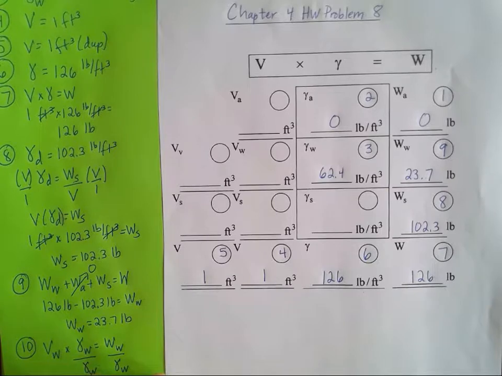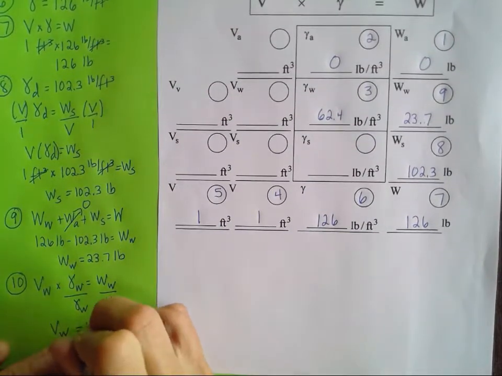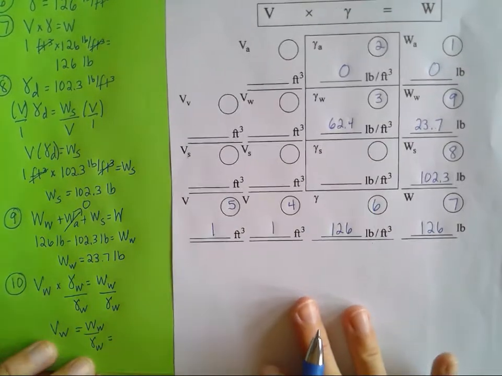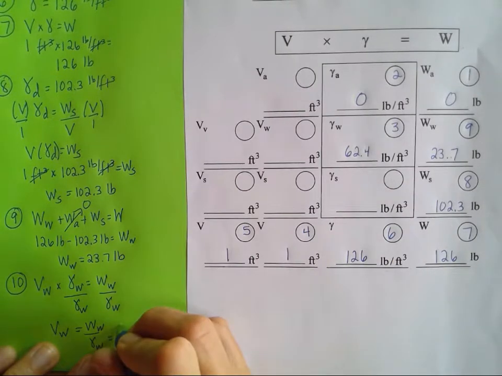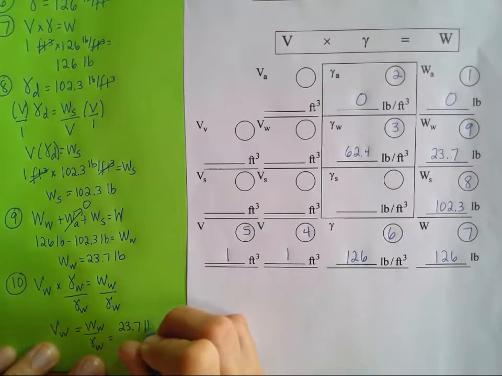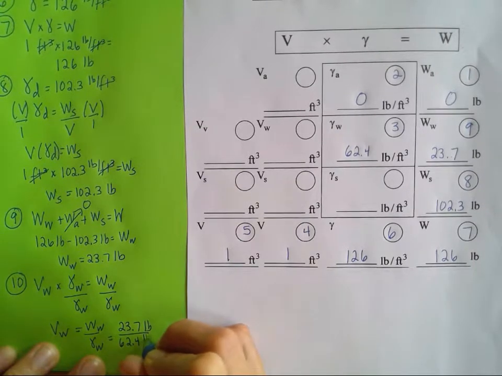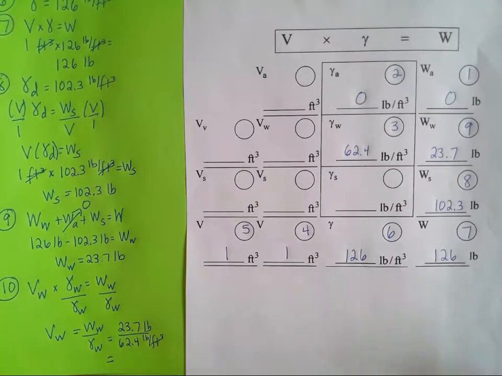So my volume of water is going to equal the weight of water over gamma water. That's 23.7 pounds divided by 62.4 pounds per cubic foot, which is going to be something pretty small.